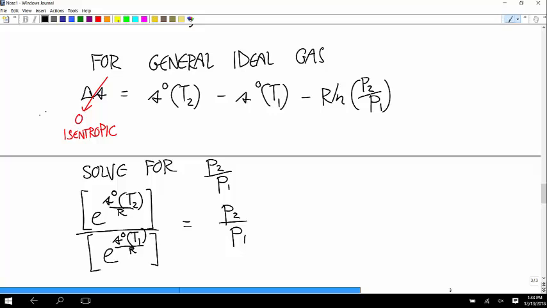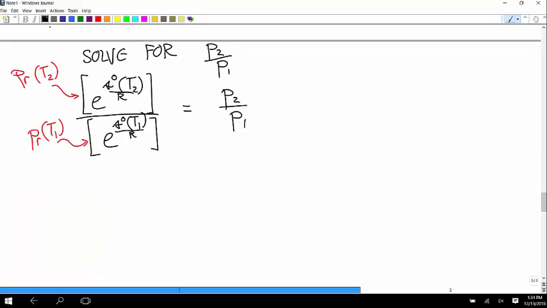Okay. Notice these both have the same form. And this form is called the relative pressure. So you can think of this as the relative pressure P sub R at the temperature T2, and this one is the relative pressure at the temperature T1. And those relative pressures you can look up in the table.